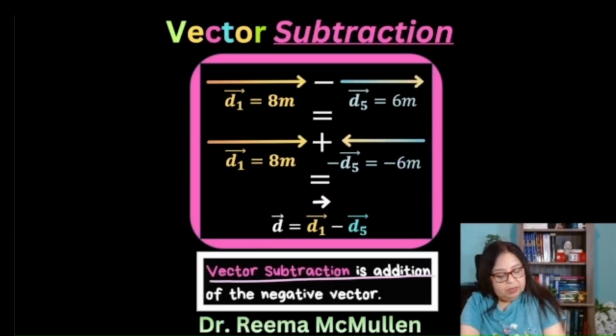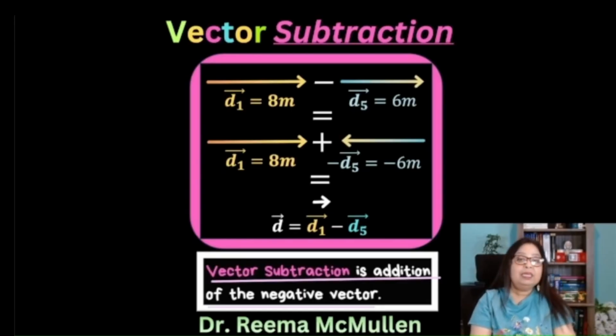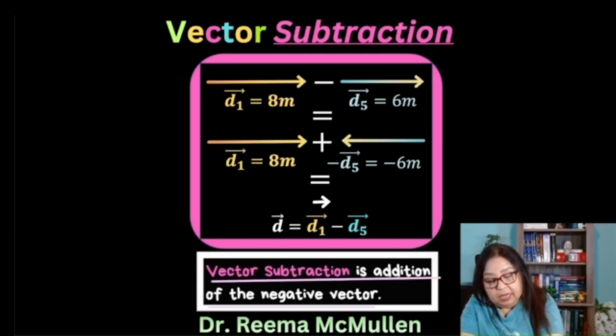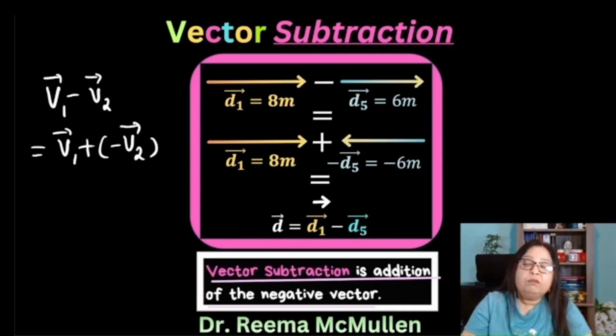Vector subtraction is nothing but the addition of the negative vector. So in place of subtracting, what you could do is take the negative vector and add it. That means if you are to subtract V2 from V1, then in place of subtracting, take the negative of the vector V2, and negative just means flip its direction.